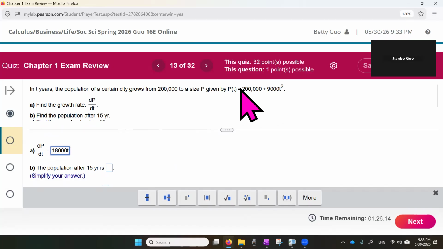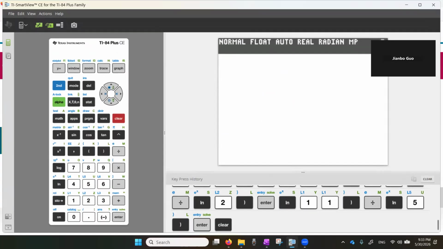That's the population after t years. So the population after 15 years, simply plugging in t equals 15 here, all right? So we're gonna have 200,000 plus 9,000 times 15 to the power 2. And use a calculator to do that.